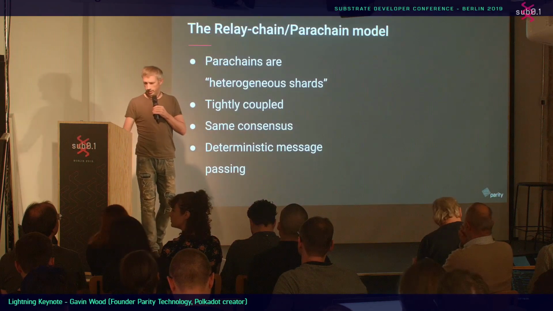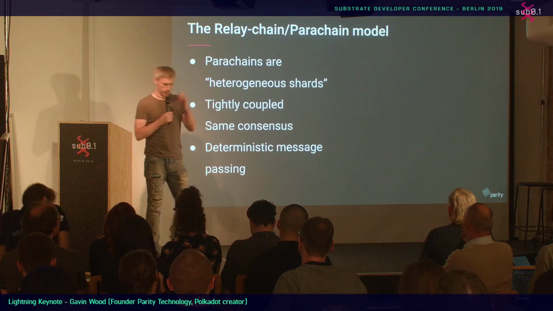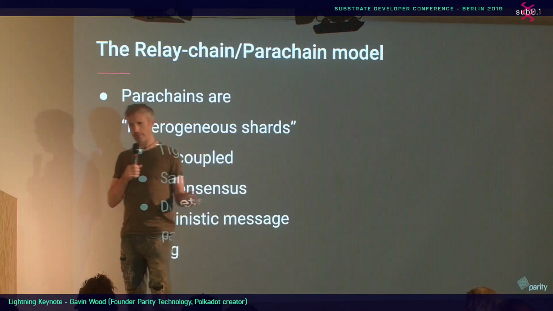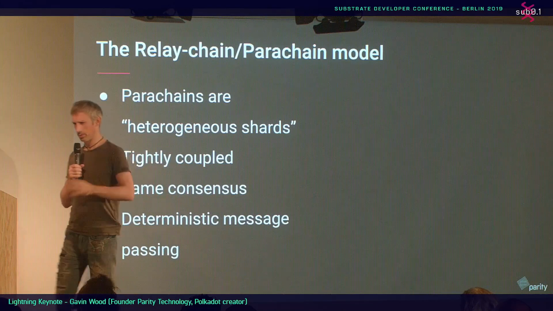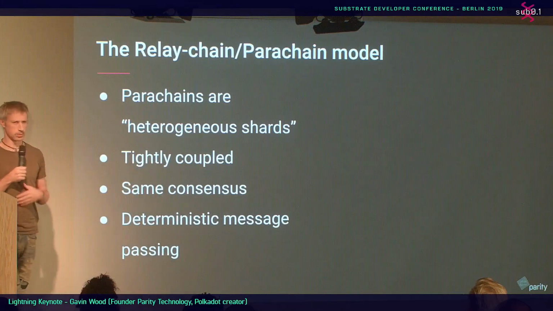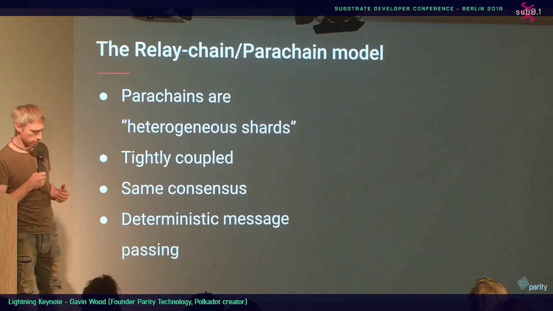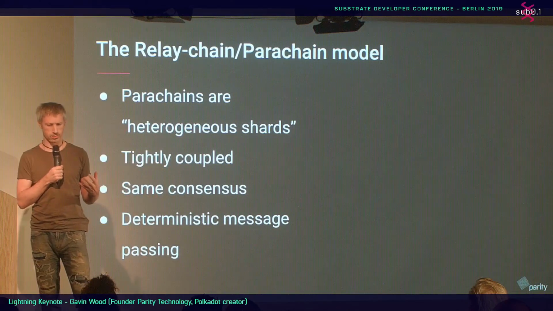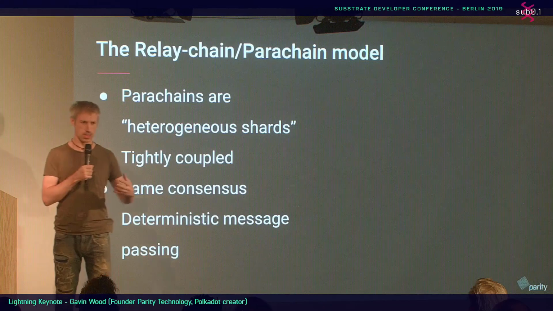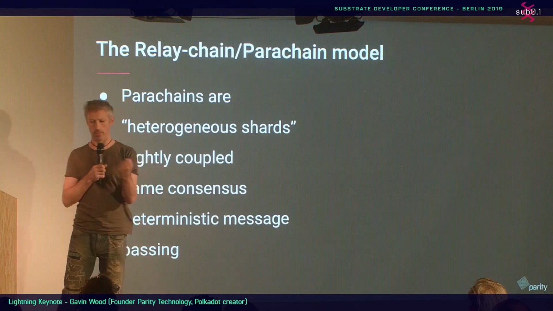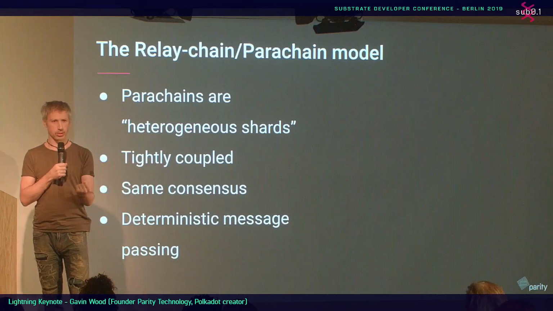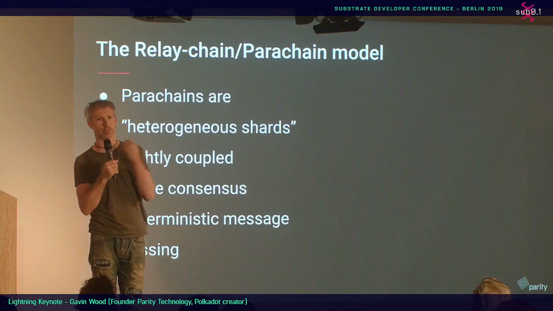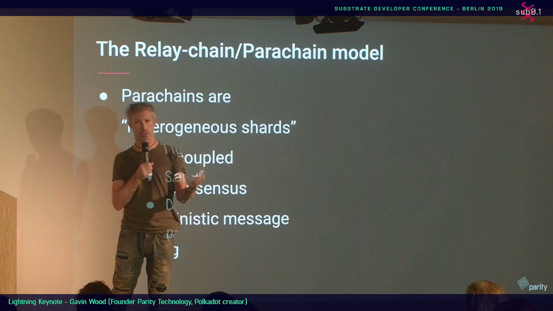So first, the model that we're working with. Since the very start of the Polkadot project, it was called this parachain thing. It was really about trying to get people to understand that the fundamental point of abstraction that Polkadot provides is one of a blockchain's runtime logic.